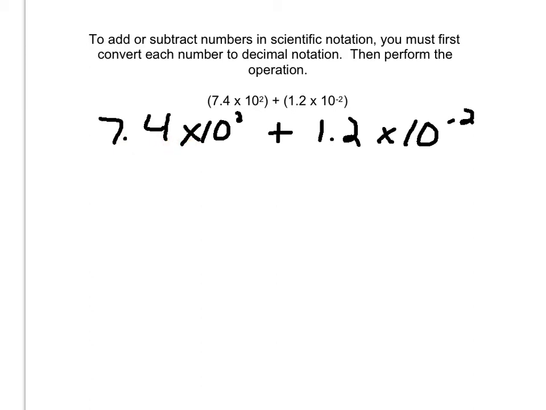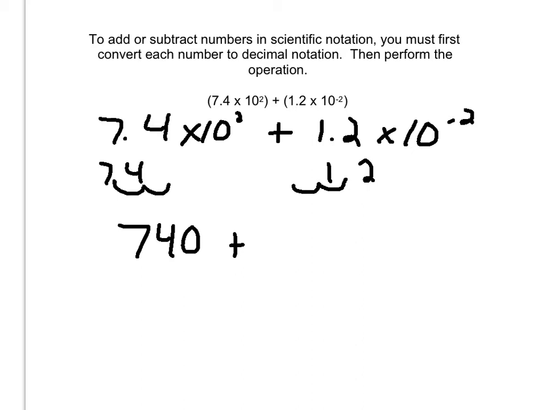So I'm going to take 7.4 and move its decimal twice to the right to make it bigger, because it's like multiplying by 100, and I'm going to get 740. Plus, now over here, this exponent is negative. That tells me to move it twice to the left. So I'm going to take 1.2 and move the decimal twice to the left, and of course I'm going to fill in a 0 right here, so it's going to be 0.012.